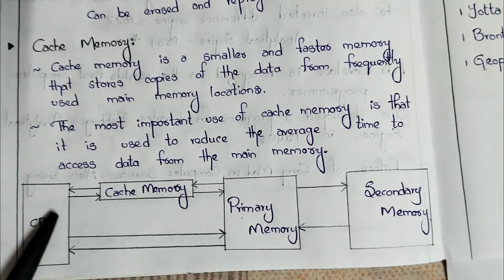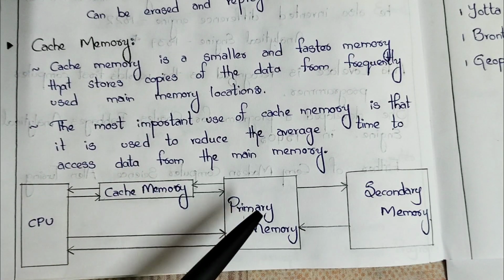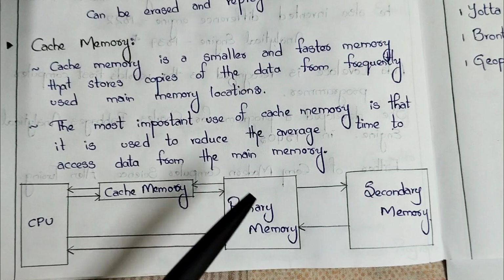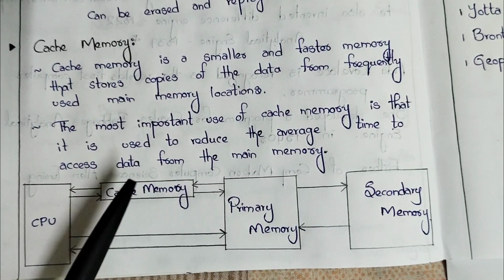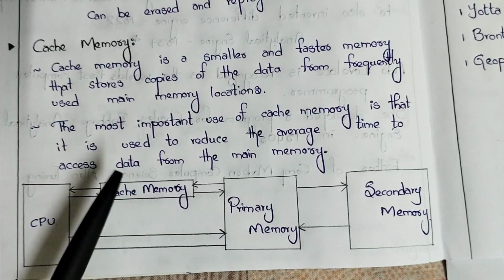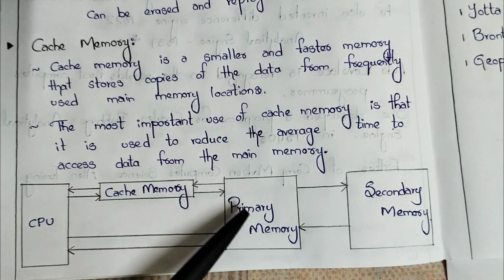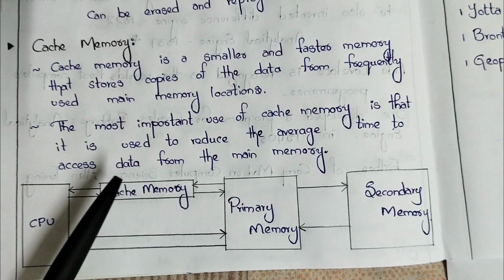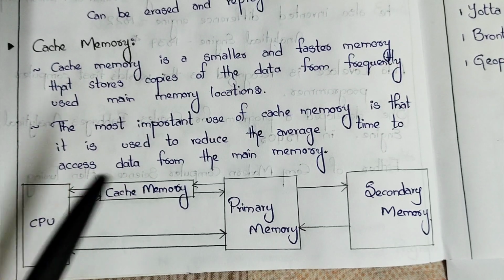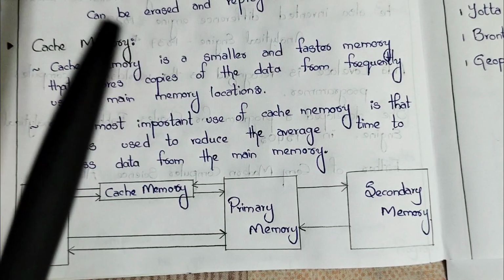If we are accessing the primary memory or the main memory again and again, it is not efficient. So the cache memory will store a copy of the data that we are frequently using. That means the memory location that we are frequently using, and from that cache memory we can access it quickly. It is the smallest and the faster memory.